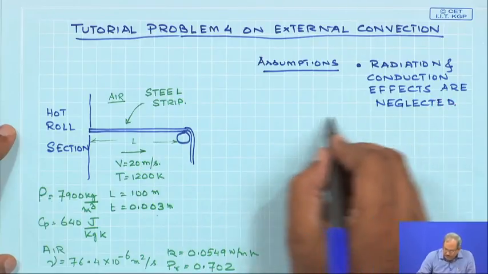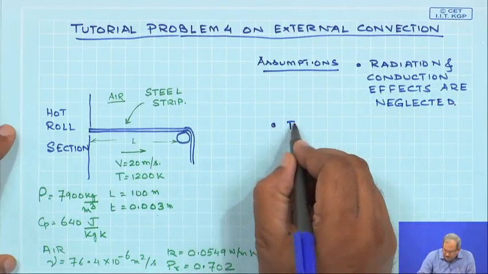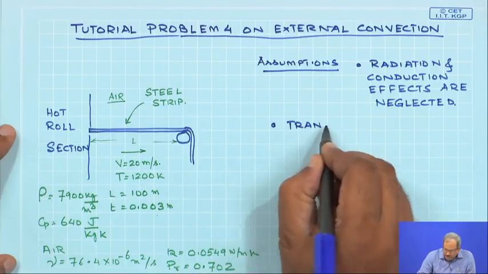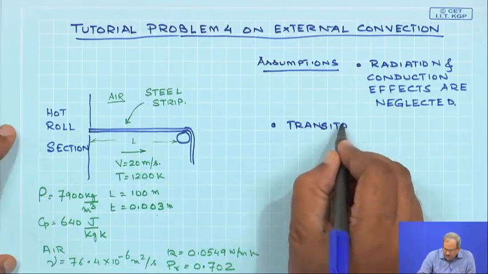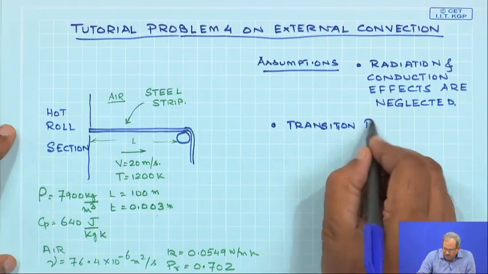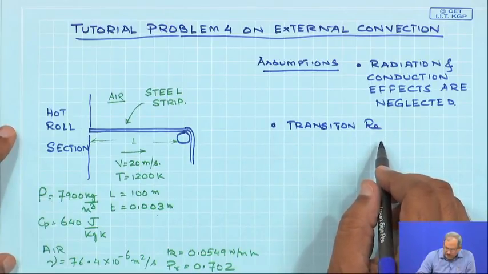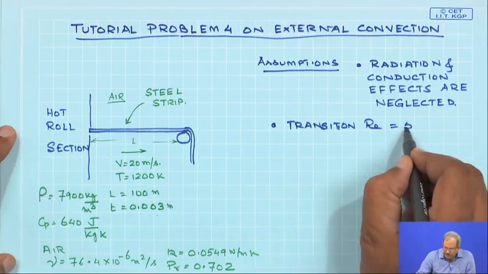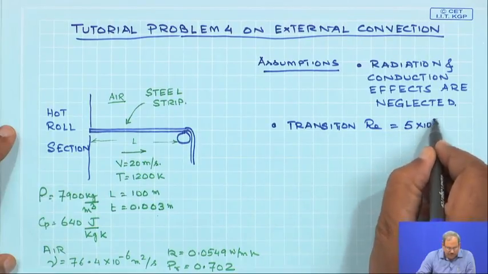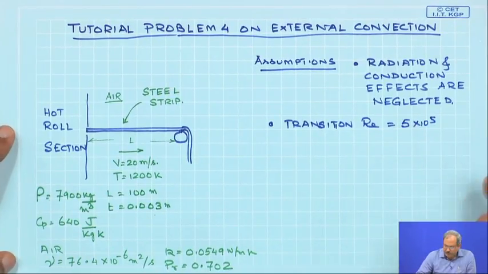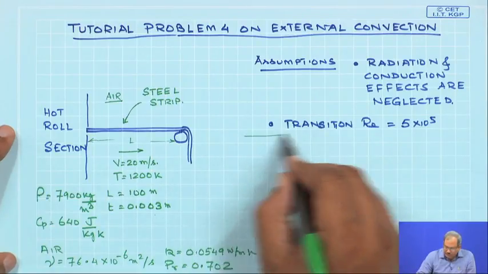And secondly, we would assume that the transition Reynolds number for the flow to change from laminar flow to turbulent flow is equal to 5 into 10 to the power 5, which we have assumed for most of the cases.